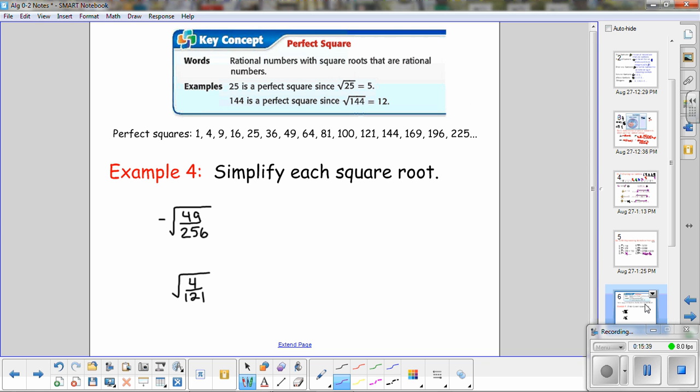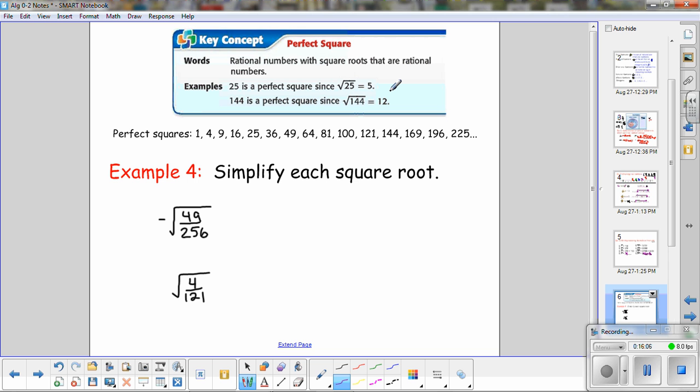We're almost to the end. We're on to example 4. We're going to talk about perfect squares and simplifying square roots. A perfect square is a rational number with a square root that is a rational number. For example, 25 is a perfect square since the square root of 25 is 5. 144 is a perfect square since the square root of 144 is 12.